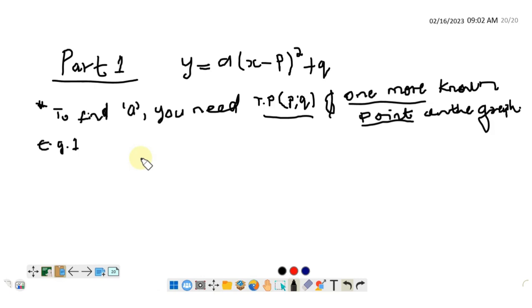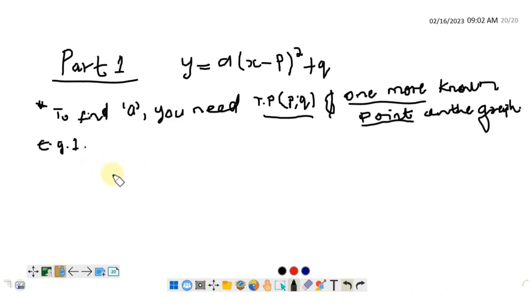So here, the mother graph is a graph whose turning point is on the origin, at the center of the Cartesian plane, meaning p and q are 0. That is the mother graph, and anything else proceeds from it.